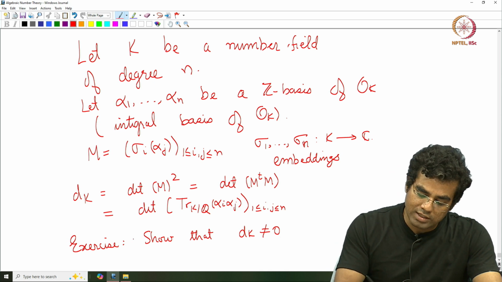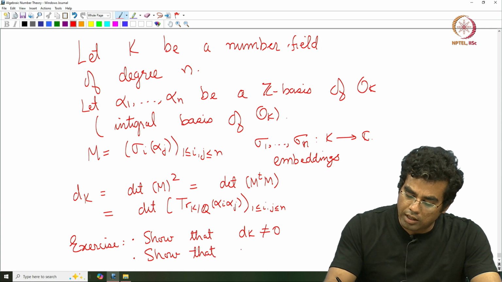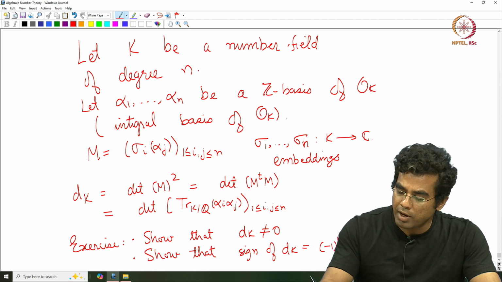Okay. So, that is an easy exercise, but another one is show that sign of dK is minus 1 to the power r2.